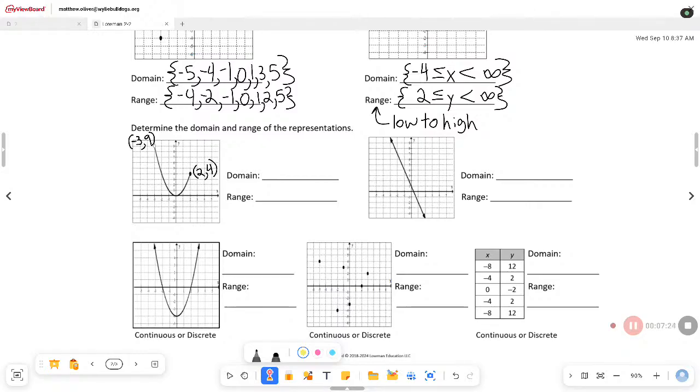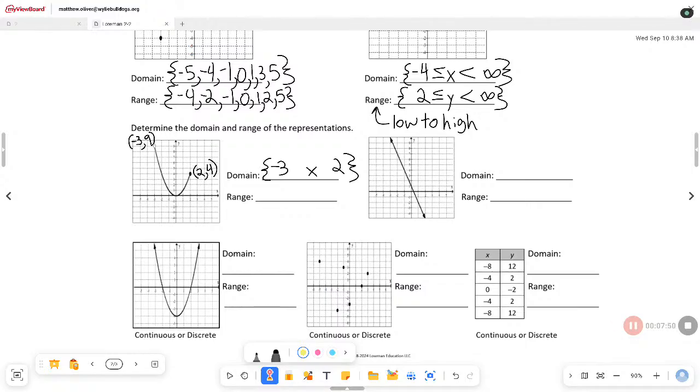Remember when we write it, x values always come before the y values. So let's look at our x values first. I've got a -3, then all my x's in the middle, and then a 2. That's just looking at my x values that I have there.